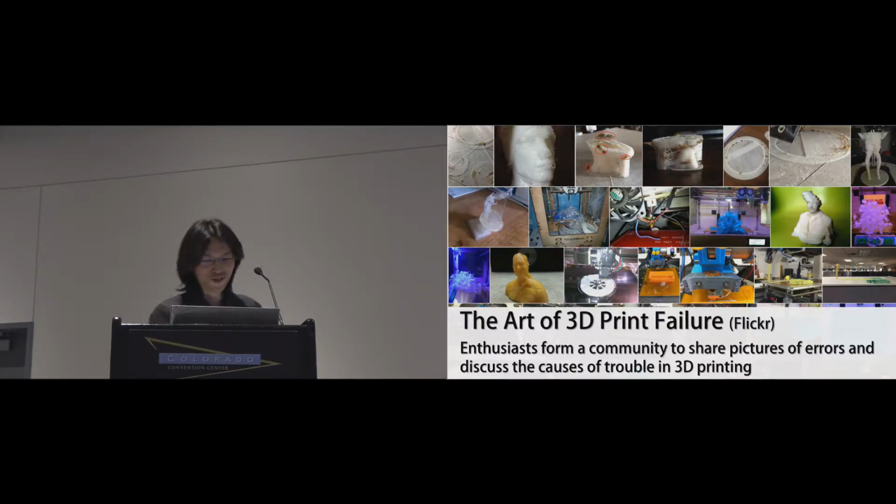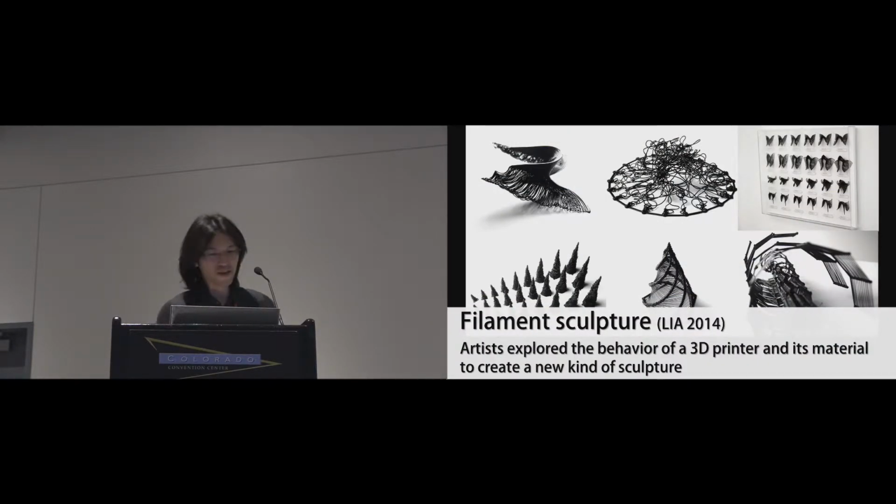Not only enthusiasts, but also artists and researchers are inspired by printing error. Artist Lear explored the behavior of a 3D printer and its material to create a new kind of sculpture. These objects are generally created by the printing error, but they try to control the error and pursue FDM printers' expression and capability.